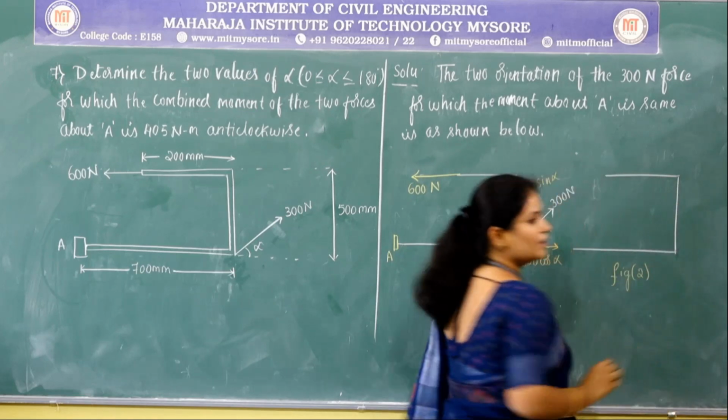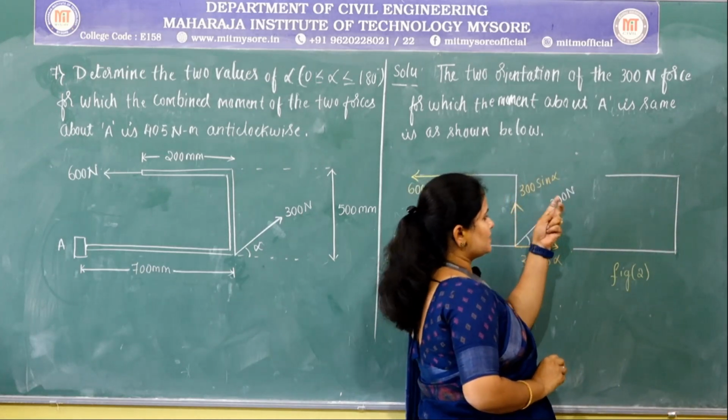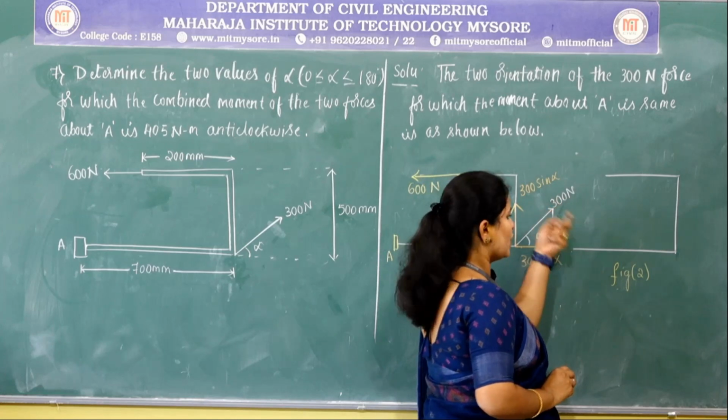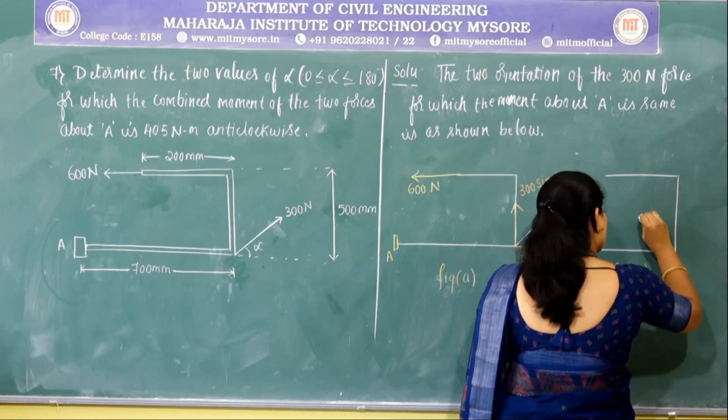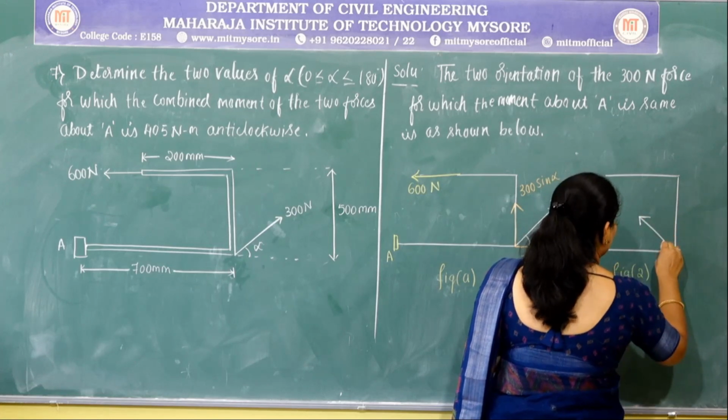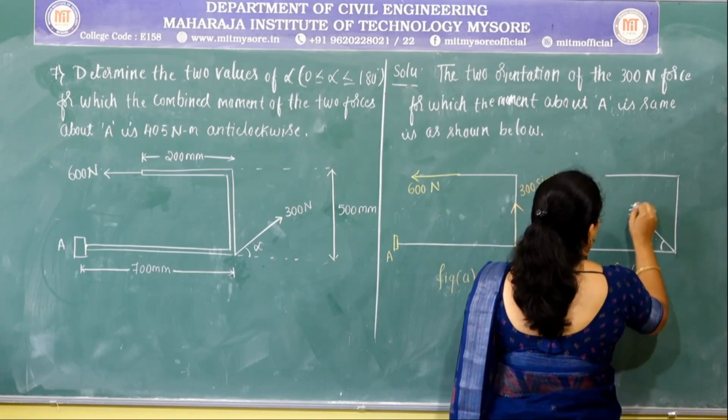Now I am going to consider this same 300 Newton force along the negative x axis with the same inclination alpha.